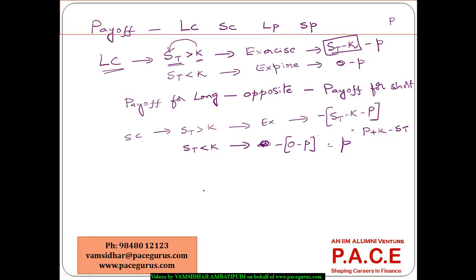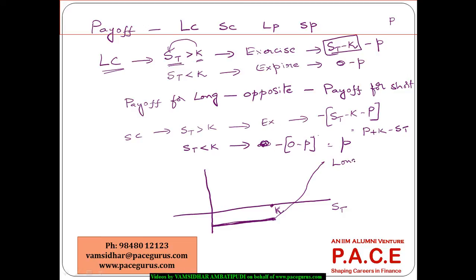So if I just look at this concept and try to draw a payoff diagram, as long as the strike price is K, for any price lesser than K, there is a loss of premium, because he is not going to exercise that particular option, and after that the exercise happens and the payoff goes more like this.